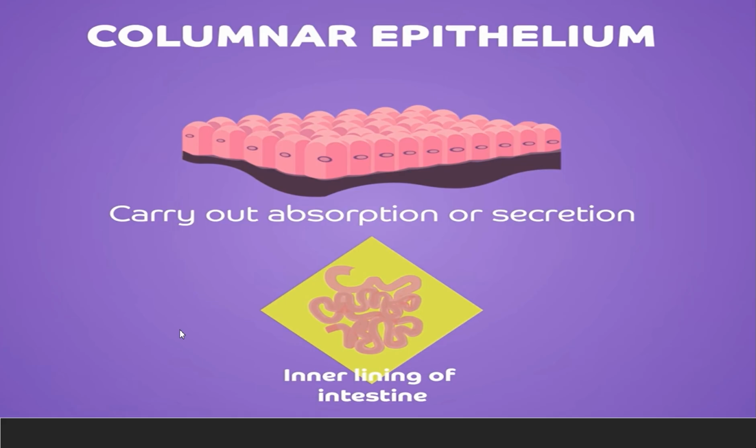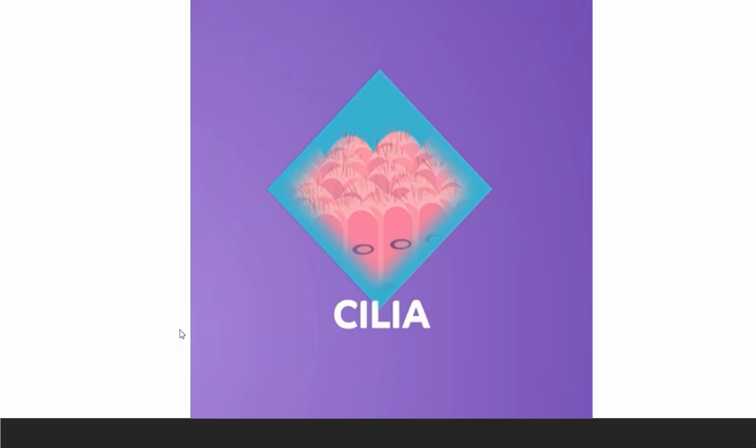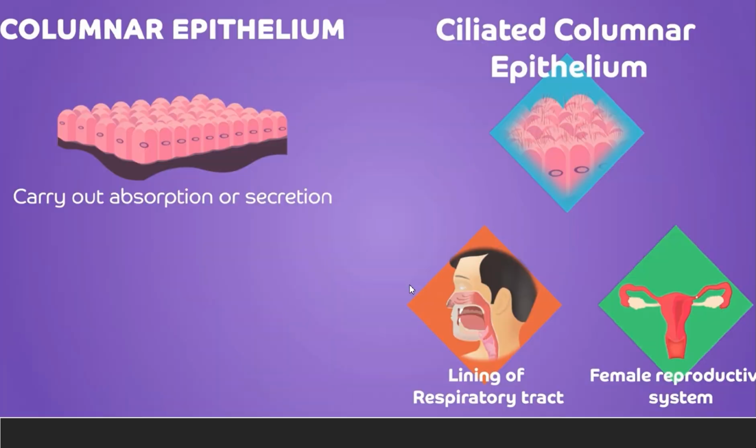Okay. So here you can see columnar epithelium. They carry out the function of absorption or secretion, and it is present in the inner lining of the intestine where the food is supposed to be absorbed. Yes, you can see the hair-like projections here. These are called cilia, and they are present on those columnar epithelial cells.